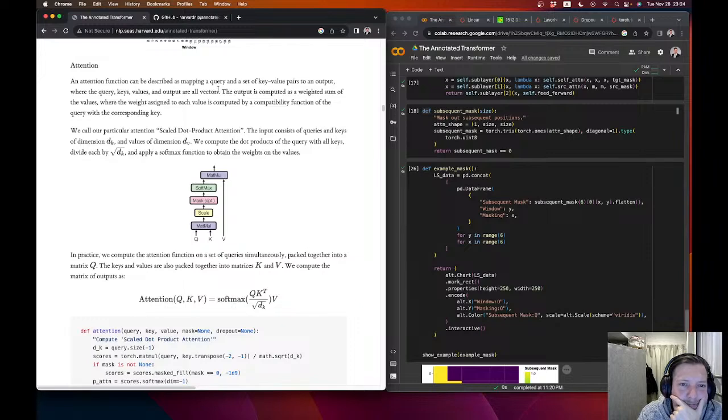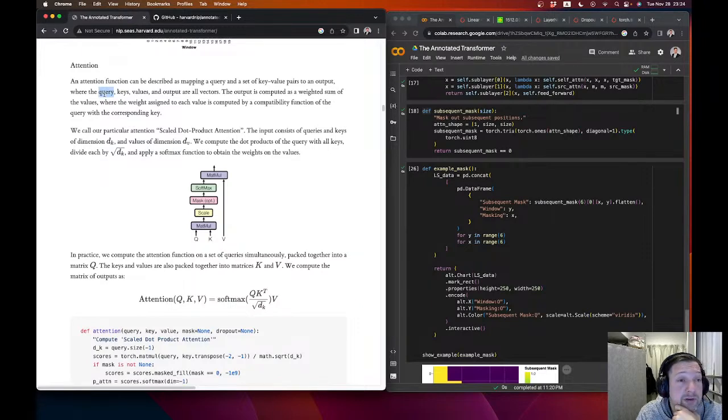Anyway. So the output is computed as a weighted sum of the values, where the weight assigned to each value is computed by a compatibility function of the query with the corresponding key. So the key is like, here's how important I think these values are. And then the query is, I want to look at this specific set of values.